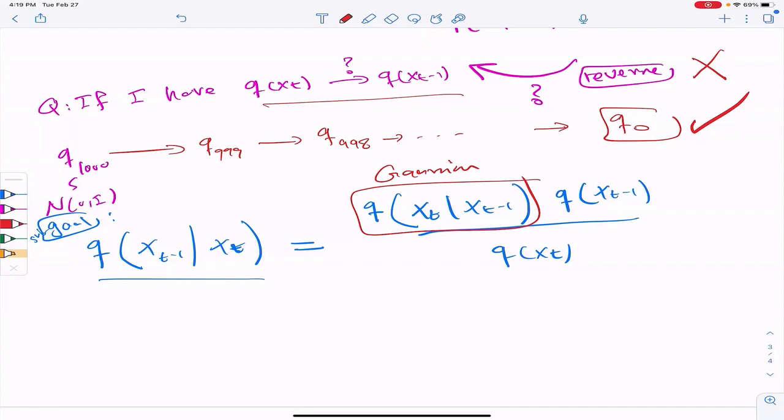Okay, so in order to compute this, I need these two other terms. Do I have them? Hold on, don't say no so quickly, my friend.